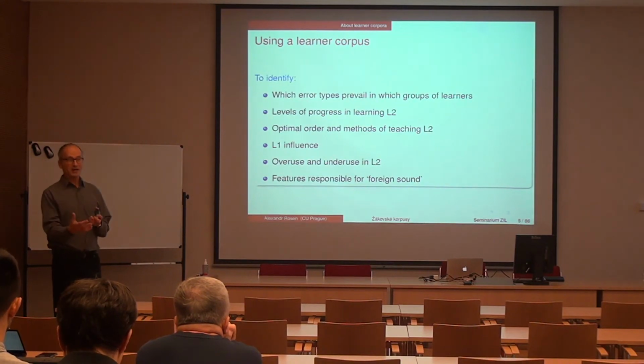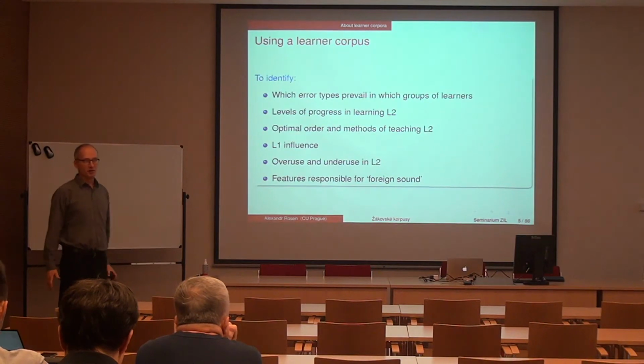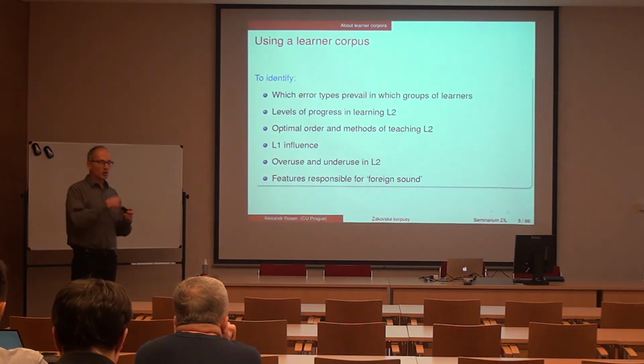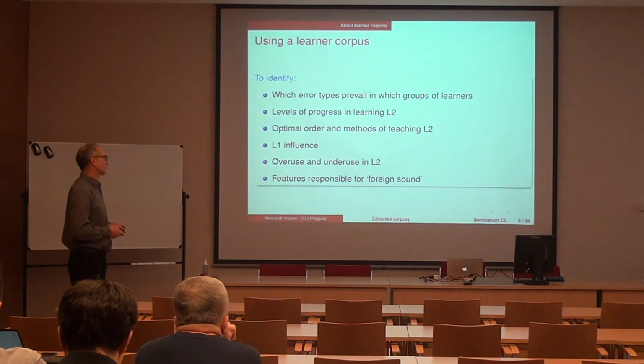Maybe it's not very nice to present them with the whole declension table of nouns for Polish, for example. So you pick the most frequent or the easiest case first, and then proceed. And you can check if this works using that learner corpus.